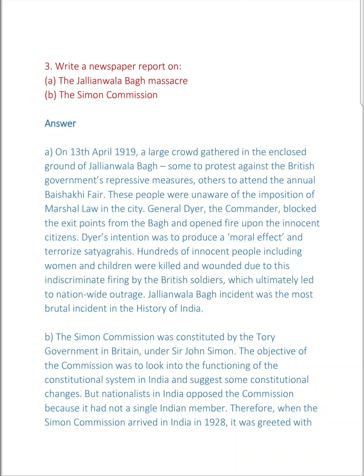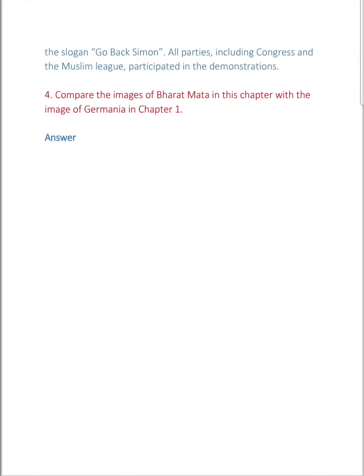But nationalists in India opposed the commission because it had not a single Indian member. Therefore, when the Simon Commission arrived in India in 1928, it was greeted with the slogan Go Back Simon. All parties, including Congress and the Muslim League, participated in the demonstration.